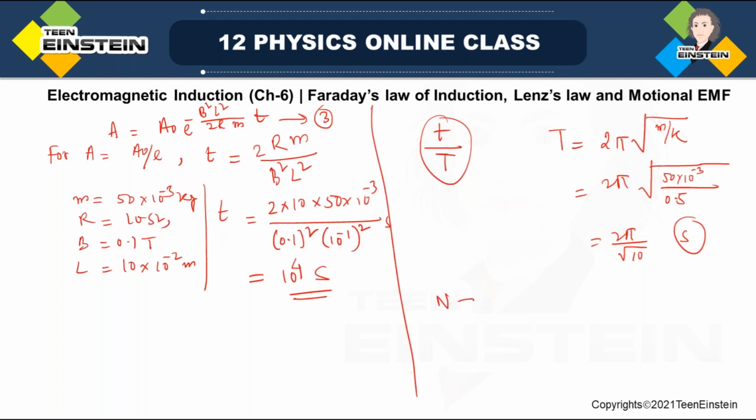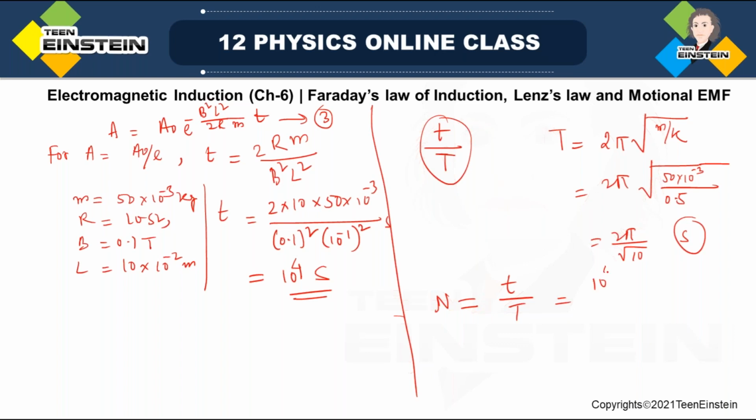Now, what is the number of oscillations? The number of oscillations is obtained by dividing the total time by the time period, that is, the time required for a complete oscillation. We have got both.